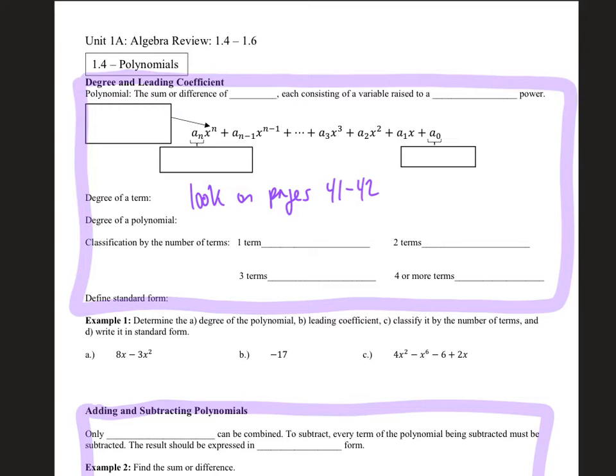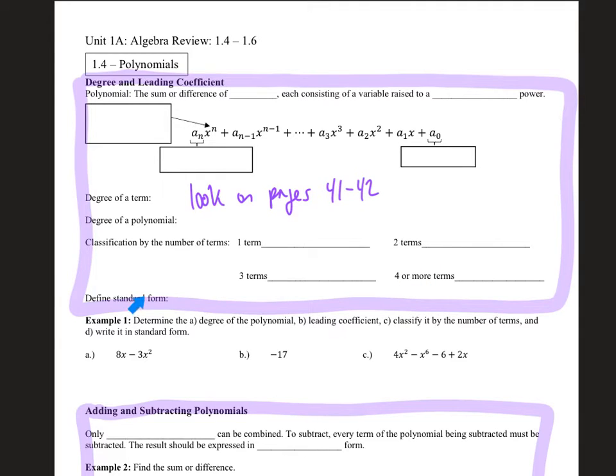I'm actually going to have you start it off looking on pages 41 and 42 of your textbook to fill in this section here that I've highlighted for you. Make sure you fill in the blanks up here and that you find the labels for these boxes. And then you need to define degree of a term, degree of a polynomial, and then what we call something that only has one term, two terms, three terms, or four or more terms.